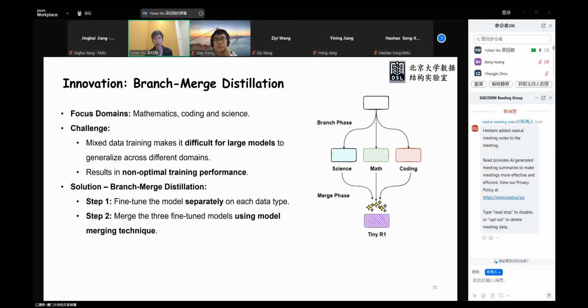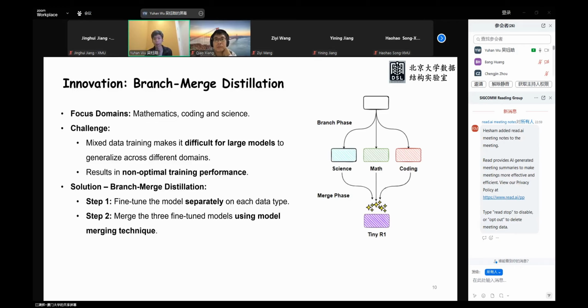This refers to training datasets that combine multiple domains, forcing the model to learn everything at once without clear distinctions. The problem with mixed data is that the model struggles to identify common patterns across different domains, leading to non-optimal generation and weaker task-specific performance.